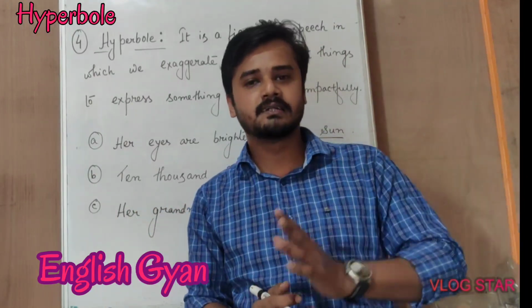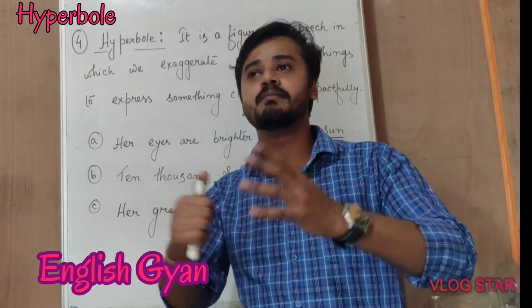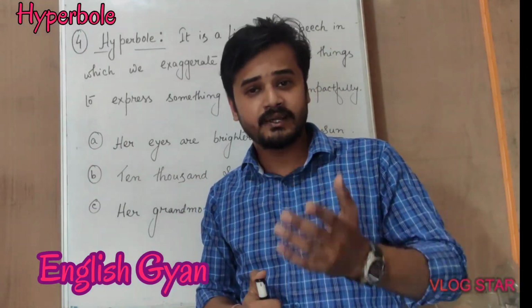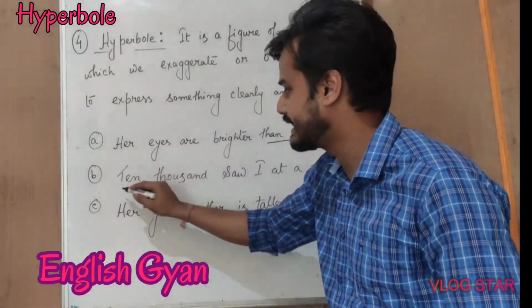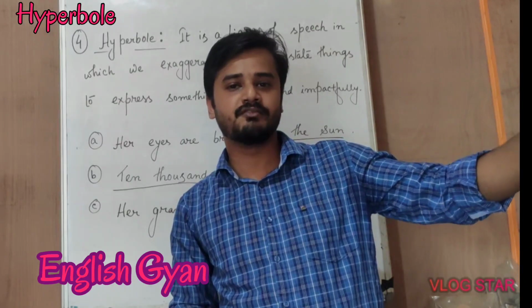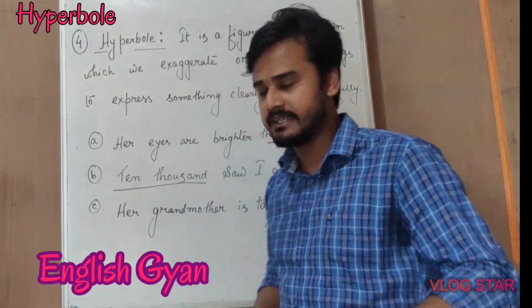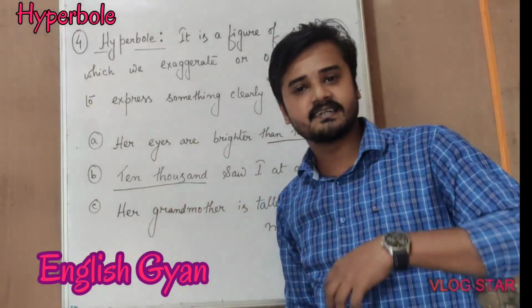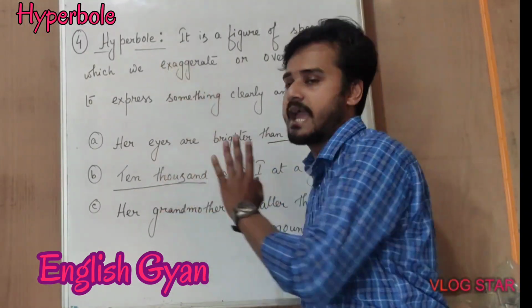At one look, he saw many daffodils, and in order to express the magnitude of the number of daffodils, he used the word 10,000, but it doesn't actually mean that he saw exactly 10,000 daffodils. He means to say that he saw many daffodils at one go. So here again exaggerating the facts is done, and this exaggeration is hyperbole.